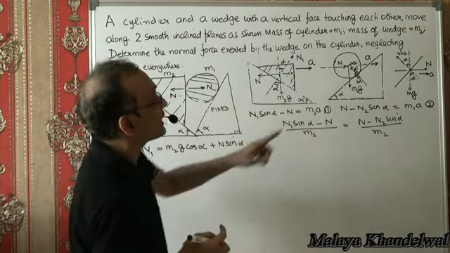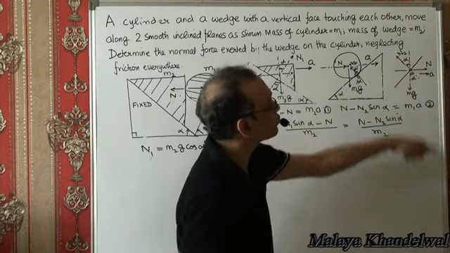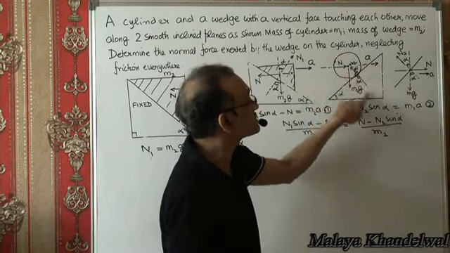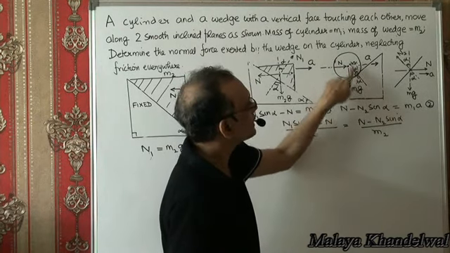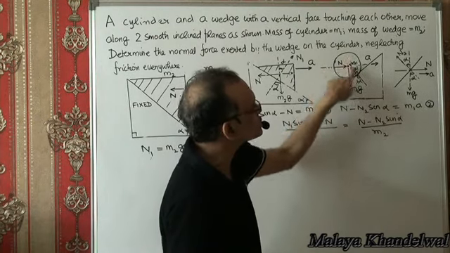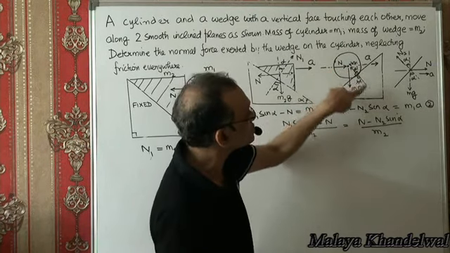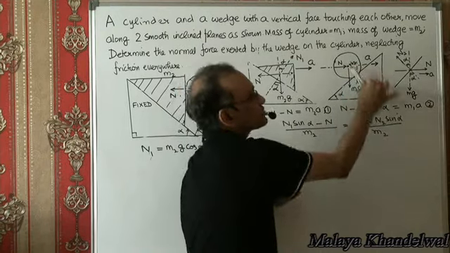Now, what about N2? How do I eliminate N2? See, again, in this direction, the cylinder is maintaining contact with the inclined plane. That means the net of all forces in this direction is 0, because the inclined plane has no acceleration in this direction, so the cylinder should also not have an acceleration in this direction.